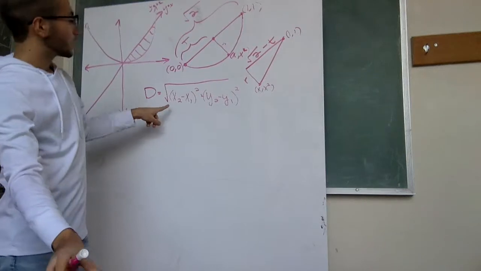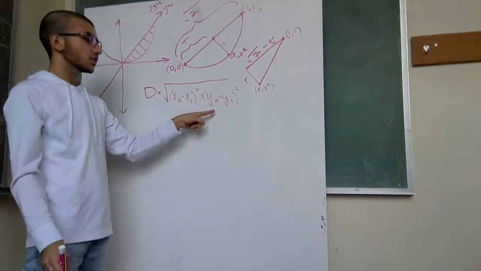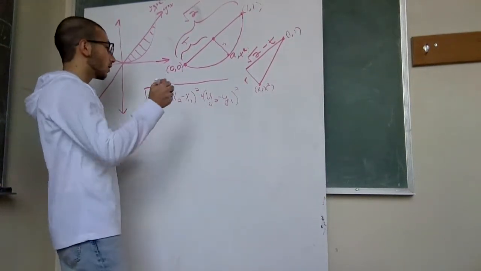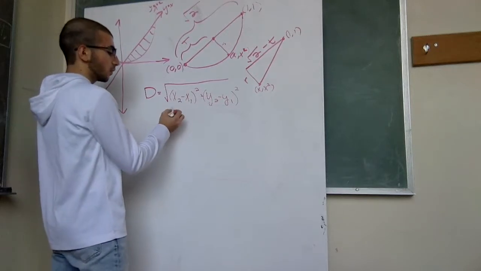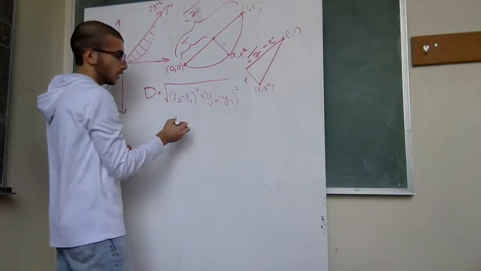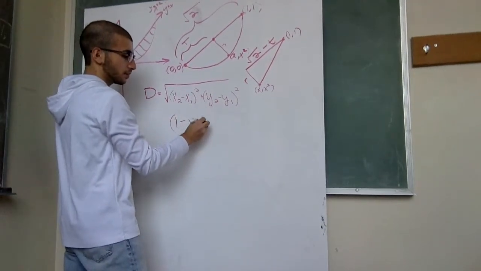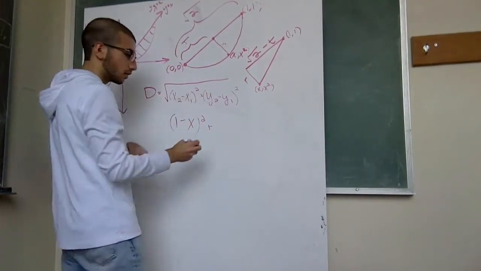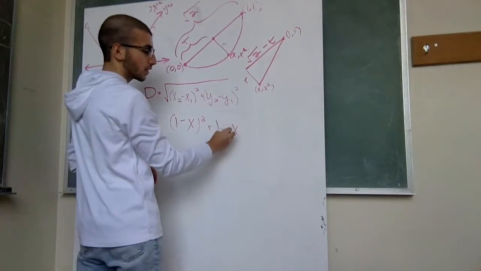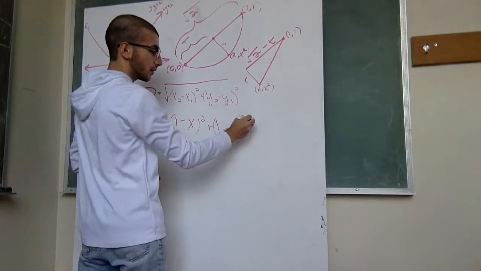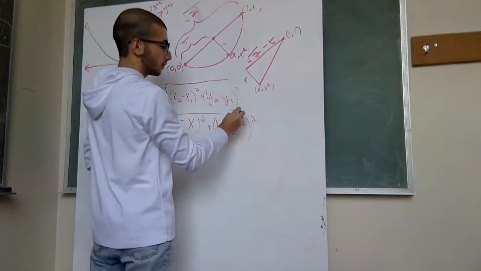So our distance formula is x2 minus x1 plus y2 minus y1. In this case, our x2 is going to be 1 from here. Our x1 is going to be x, that quantity is squared, plus y2, 1 as well, minus x squared, this squared, and all this is going to be square rooted.